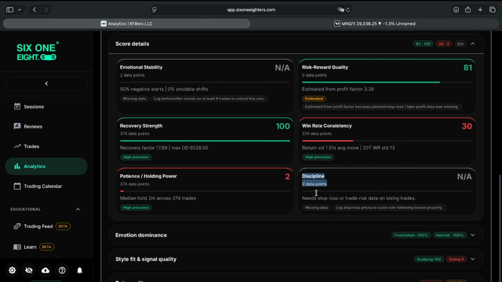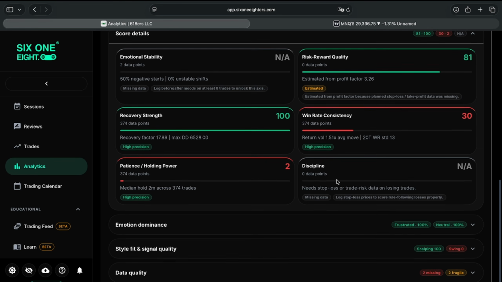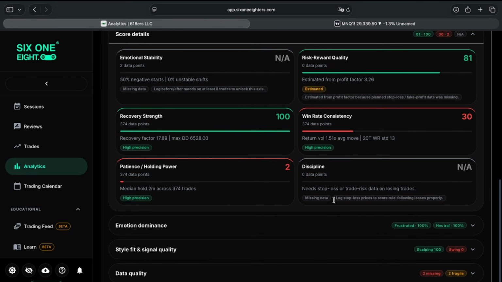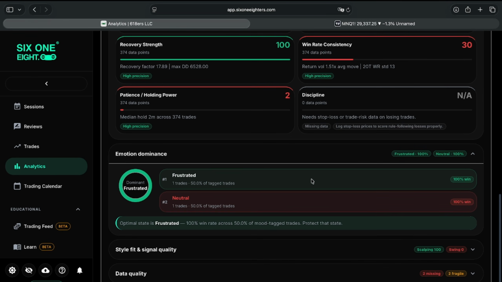For your info, this is showing not available because it doesn't track my stop loss, since I'm using futures accounts. And here you can see, for example, for today, I was frustrated and still won, and here I was neutral and also won.